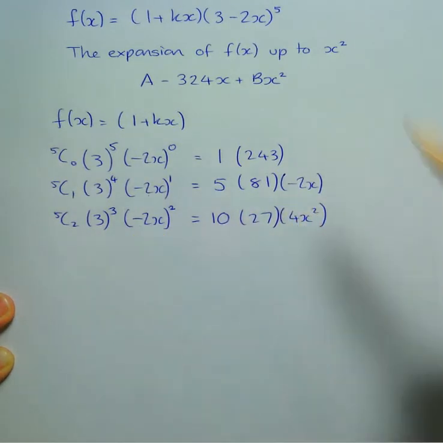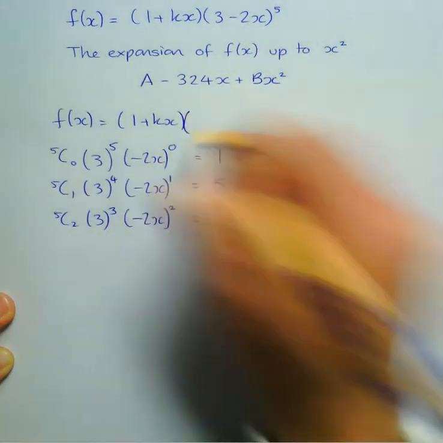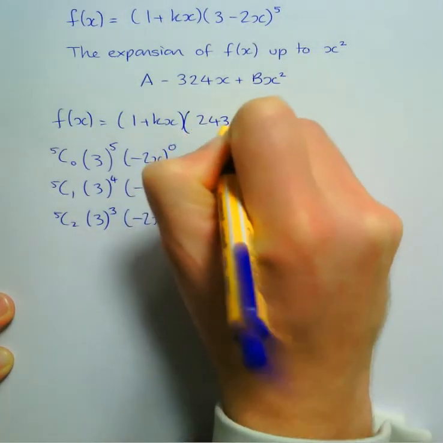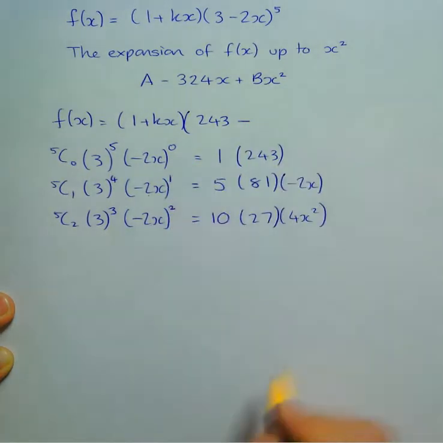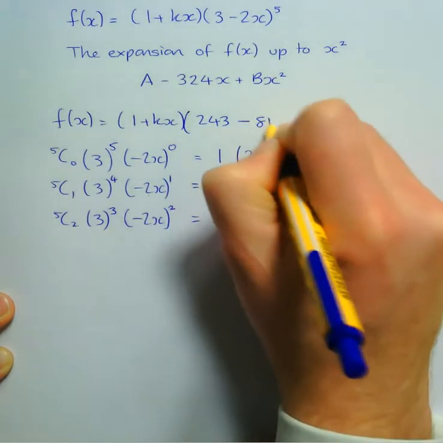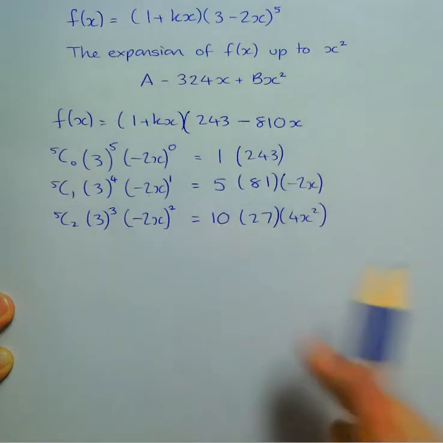So if we're just looking at this second bracket here, we know that that is 243. Positive, positive, and a minus. We know we can have a minus. So it's going to be 810x. And then this is all positive, so we're going to have a positive.